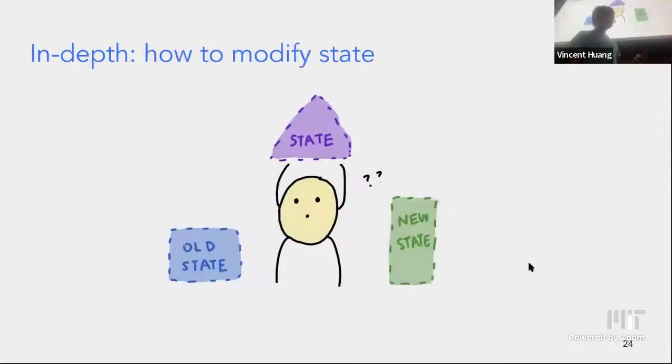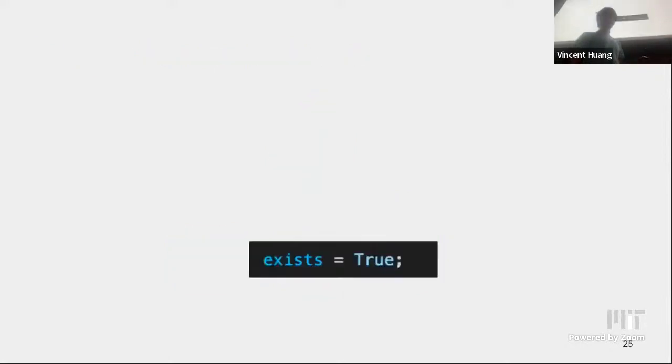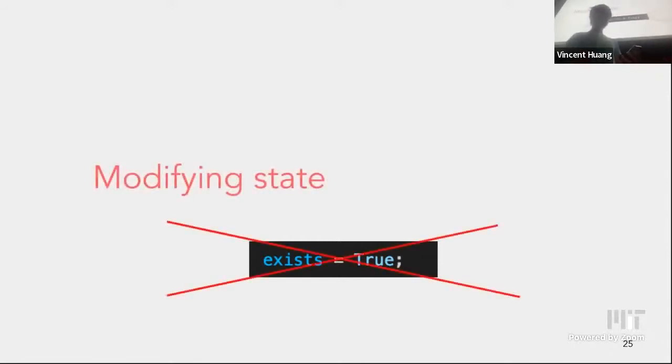All right, so now we'll talk a bit about how to actually modify state. This is also a review, so hopefully you guys know this already. You might be used to other programming languages where if you have a state variable exists, you just want to edit it by setting exists equals true, right? We actually don't want to do this in React.